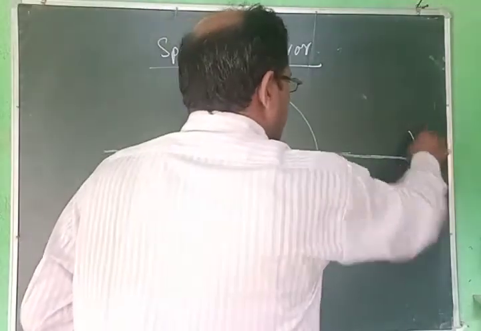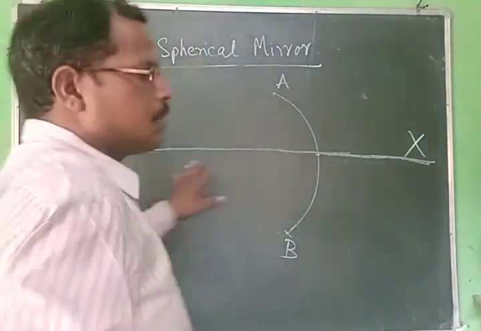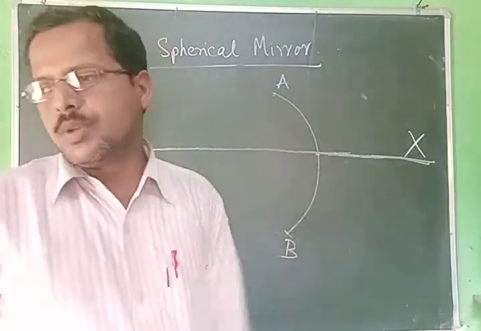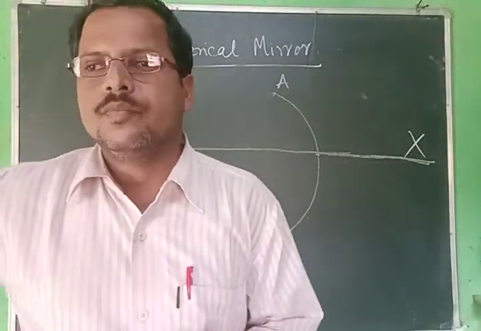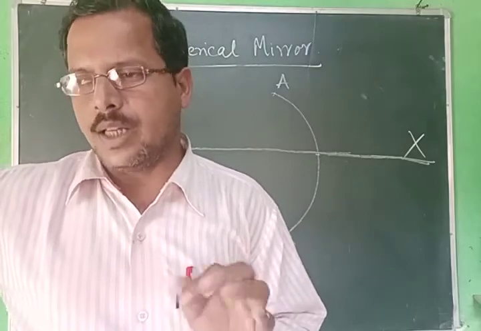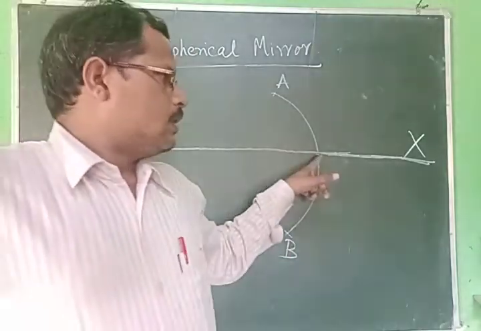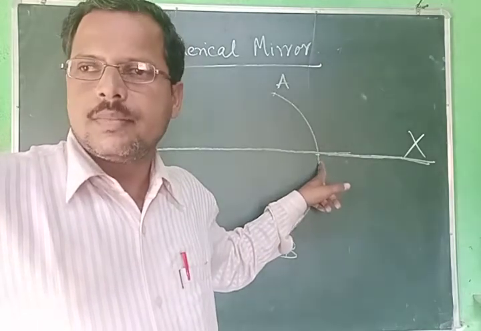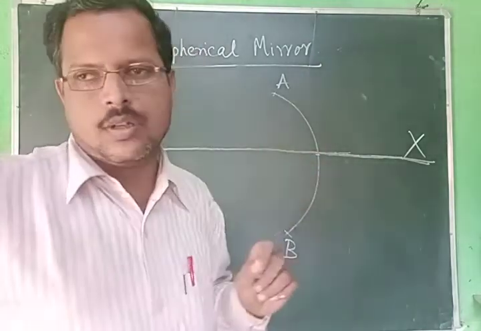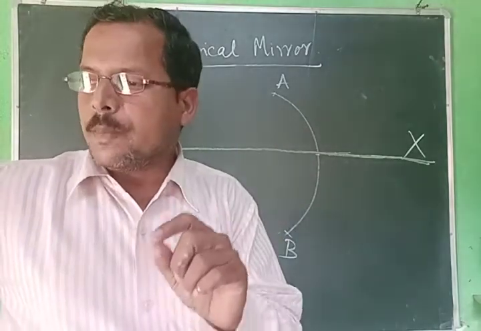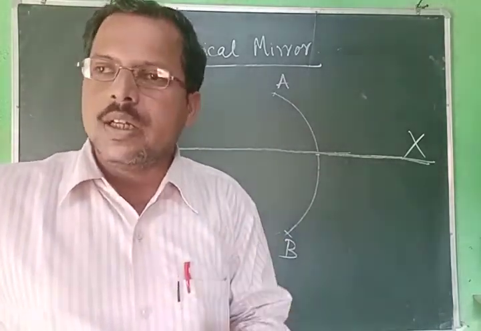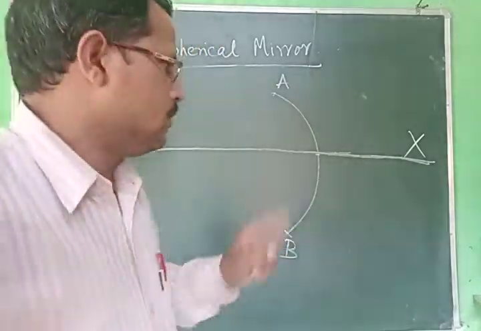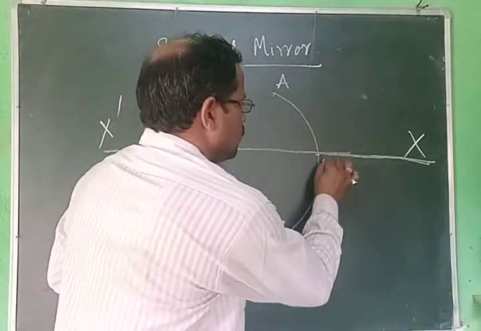So here X prime is the principal axis. It is called the principal axis of the spherical mirror. Next, the point at which the principal axis intersects the spherical mirror, or concave mirror, that is called the pole of the mirror. Here it is the pole of the mirror.